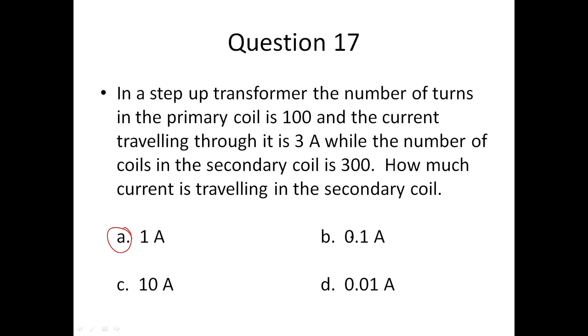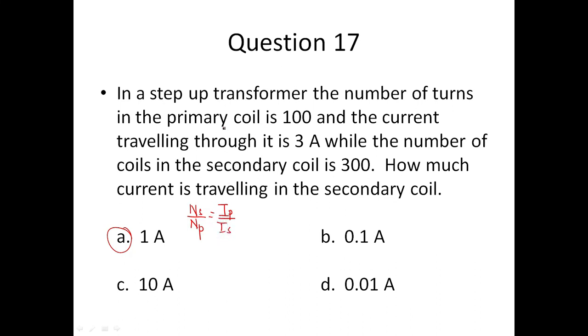Question 17. In a step-up transformer, the number of turns in the primary coil is 100 and the current traveling through it is 3 amps, while the number of turns in the secondary coil is 300. How much current is traveling in the secondary coil? So with this one, if we have secondary number of turns over primary number of turns, the current will be flipped. So you put current primary over the current in secondary.